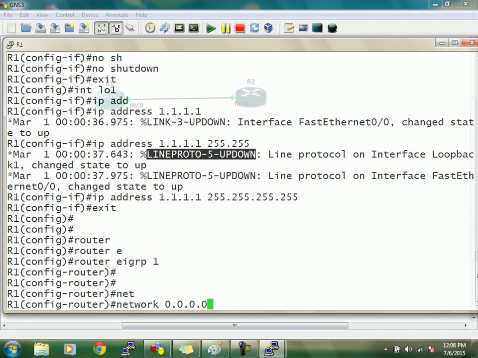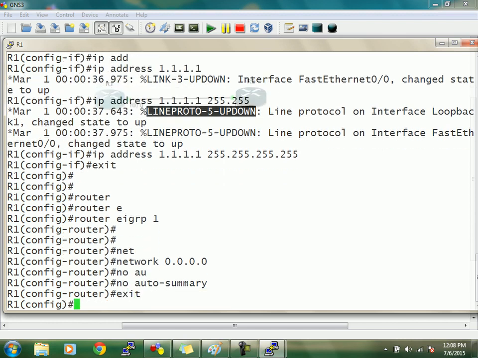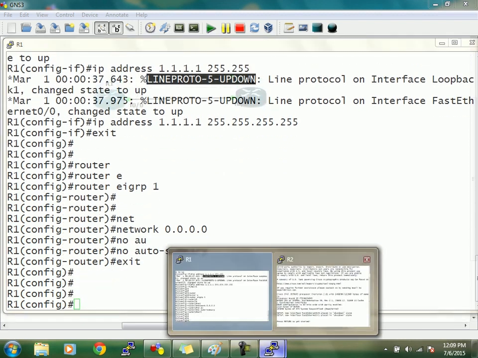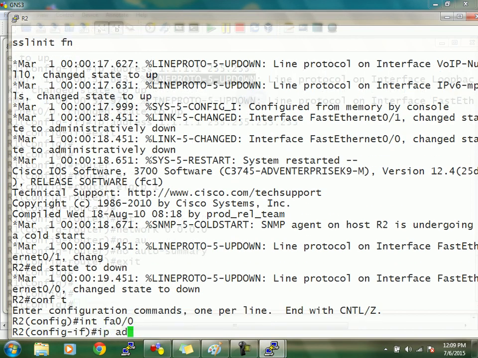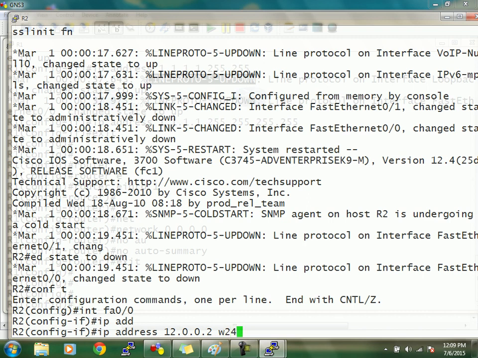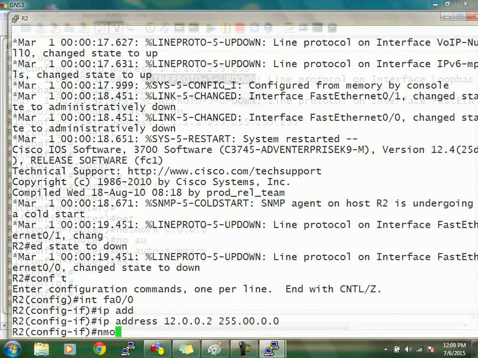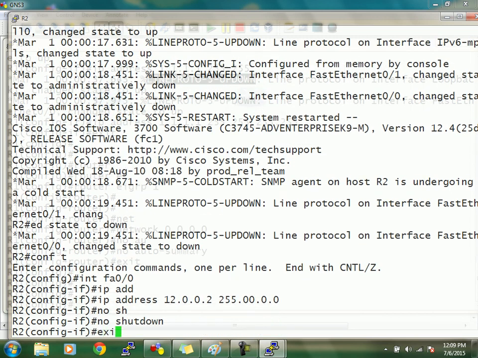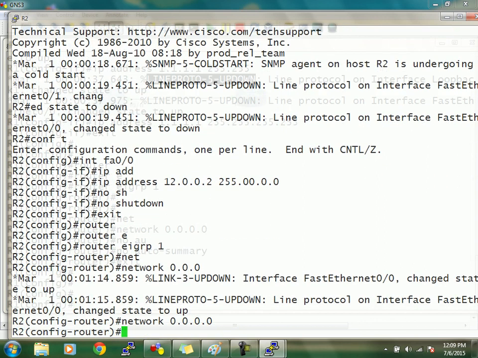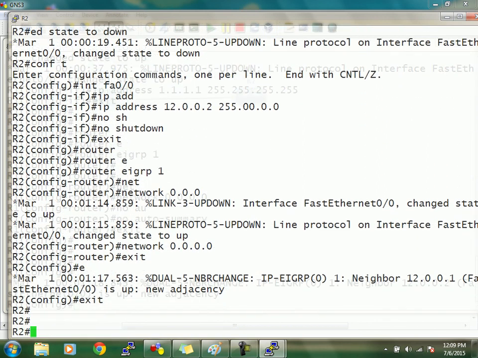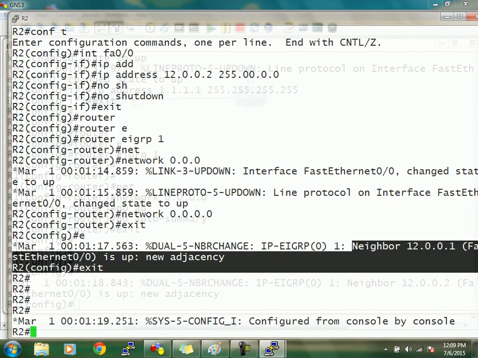Fine. Each and every active interface of the router. Fine. I got the adjacency.